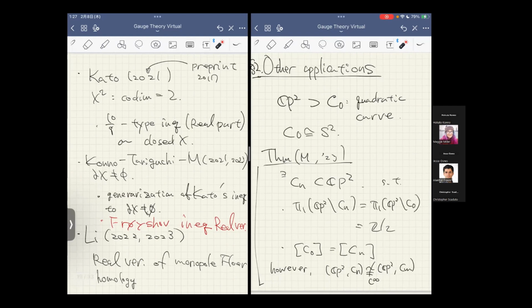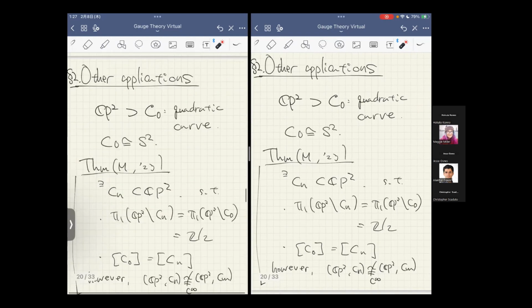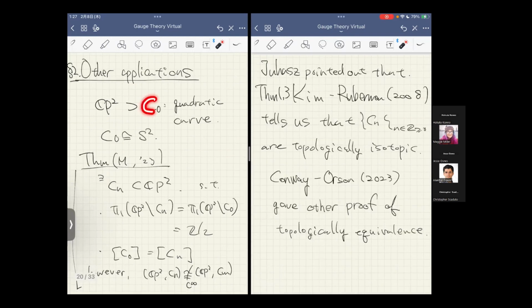Let me explain other applications of our invariant. Let C0 be a quadratic curve in CP2. This is called a conic. And you know that a quadratic curve is diffeomorphic to S2.